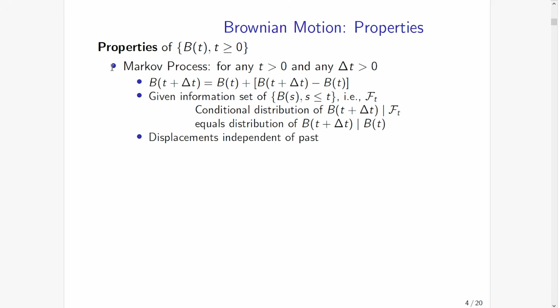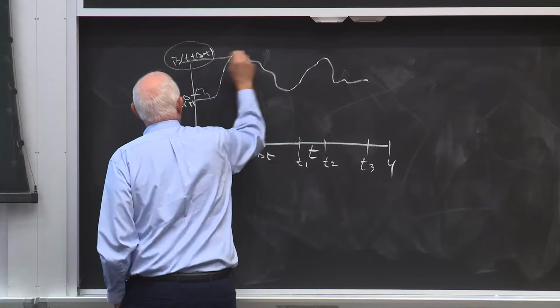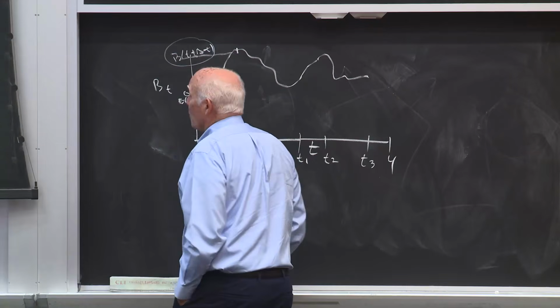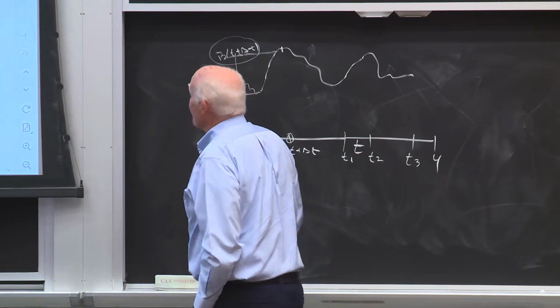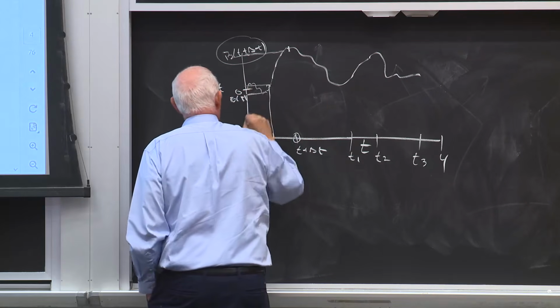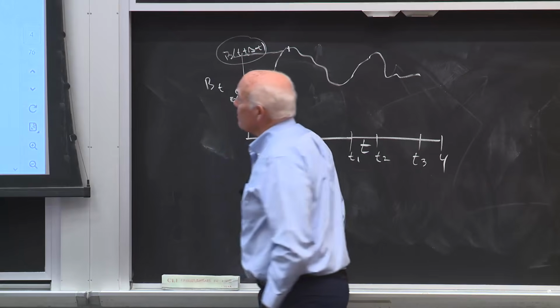Now, the properties of Brownian motion are that it's a Markov process. So if we're looking at the value at B(t plus delta t) at this time point, that is equal to the value at any prior time point, well, at B(t), plus the increment.